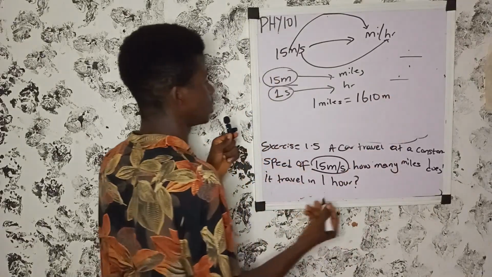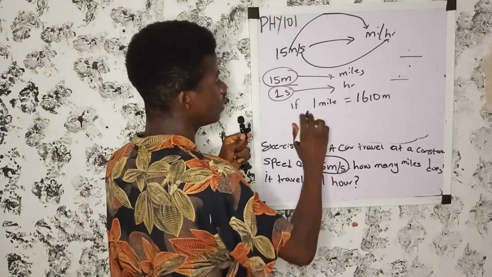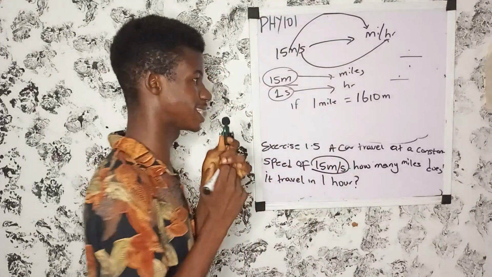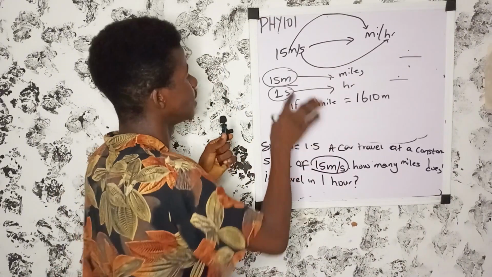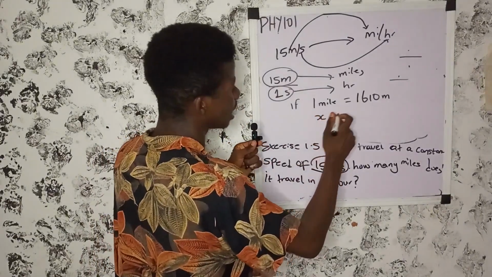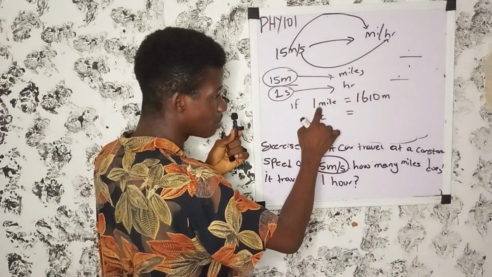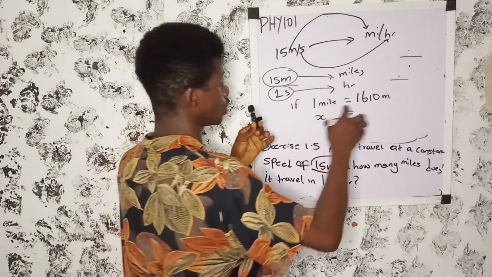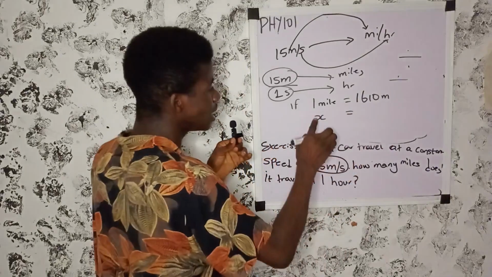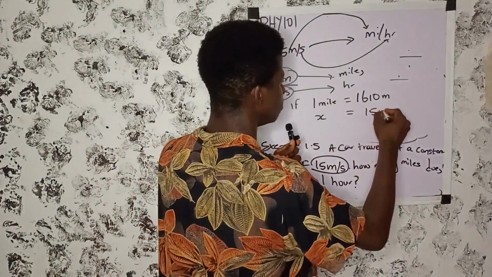1,610 meters. Okay, so if 1 mile is equal to 1,610 meters, then X miles will equal 15 meters.